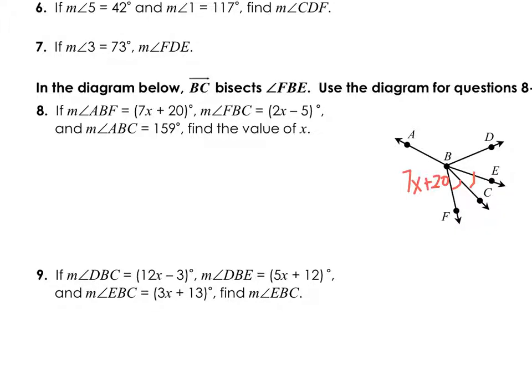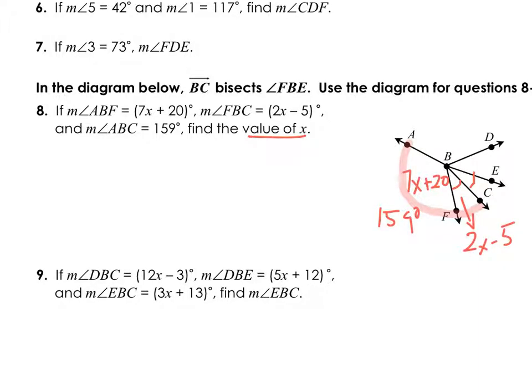Okay, I had to pause it there a second, but this angle here, FBC, is 2x minus 5. And then the whole thing, ABC from here all the way over, is equal to 159 degrees. Okay? So in order to solve, they want us to find the value of x. That's all they're asking us to do.